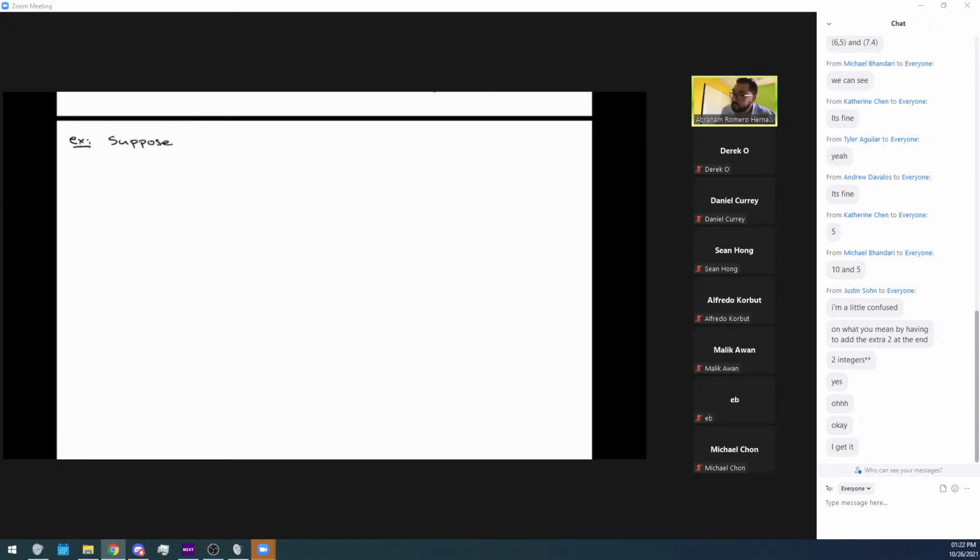Suppose on the last example that had to deal with the $8. So not literally the last one, but the one that had to deal with the $8.